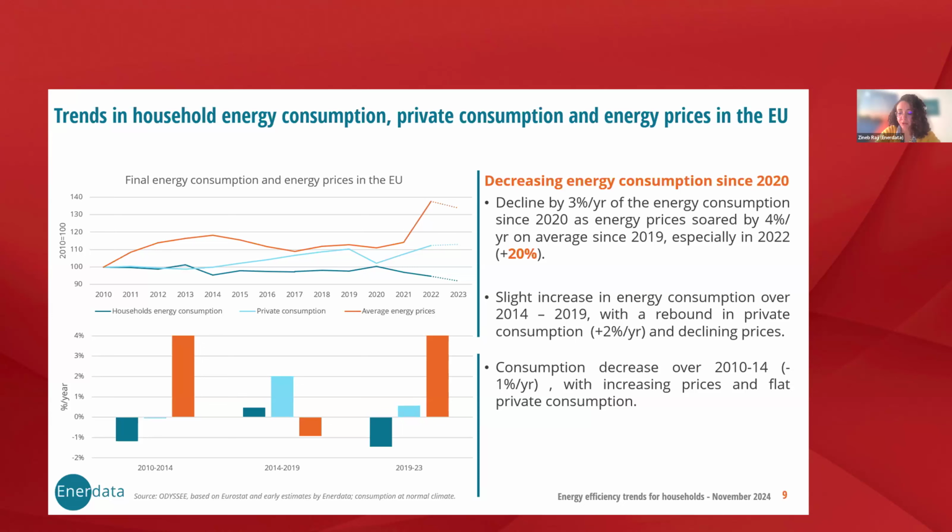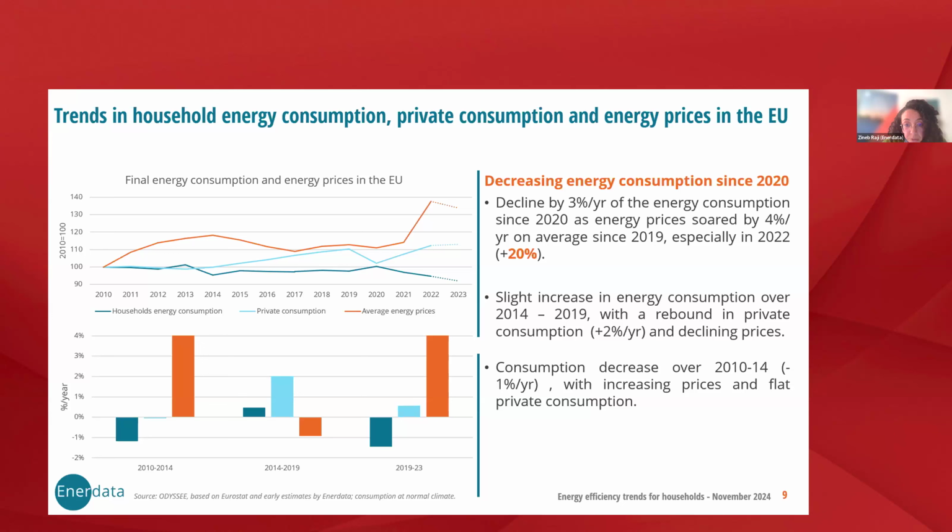So what we can see from the data is a decline in energy consumption at a rate of 3% per year since 2020. So that's the dark blue bar. And this is mainly due to surging energy prices, which increased by an average of 4% per year since 2019, with the bulk of this price increase happening in 2022, where the increase was at a rate of 20%.